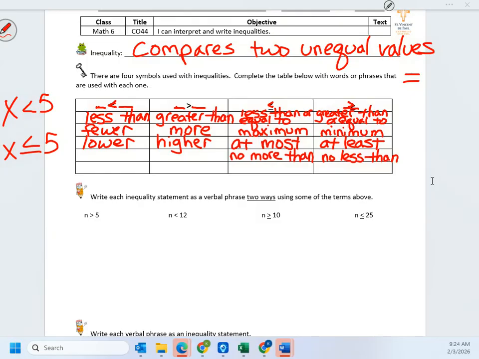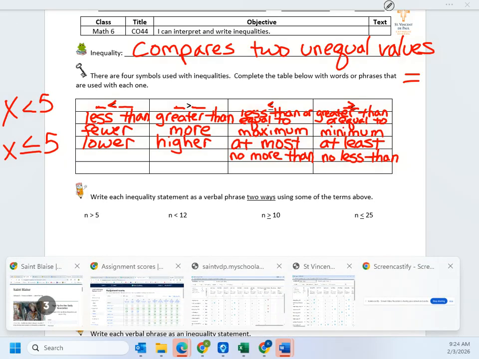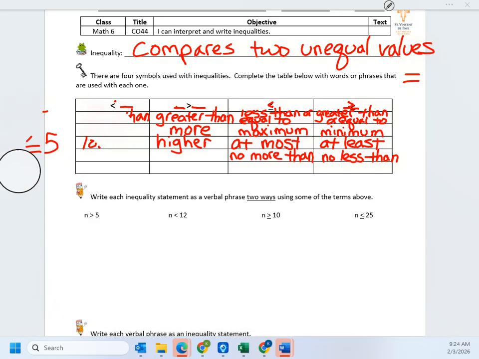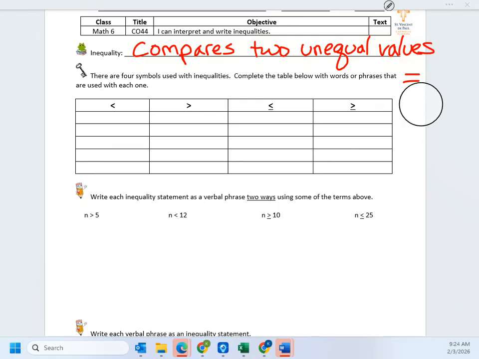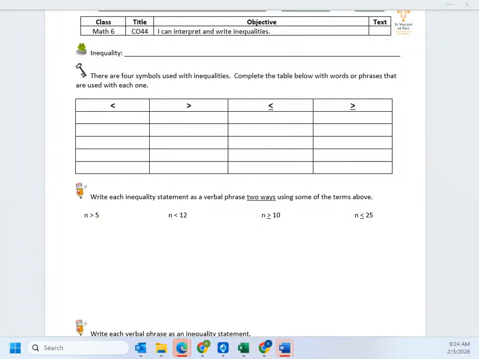These are not the only verbal phrases. These are the most common verbal phrases. Does that make sense? All right, so we can add to our tables. We will need this table on our help sheet when it's time for us to test. Just like with that adding and subtracting, multiplying and dividing, we needed those tables to help us with those key phrases.